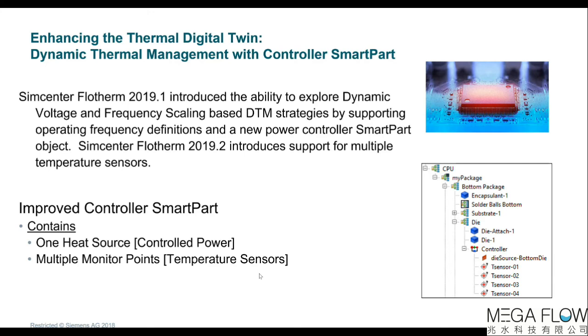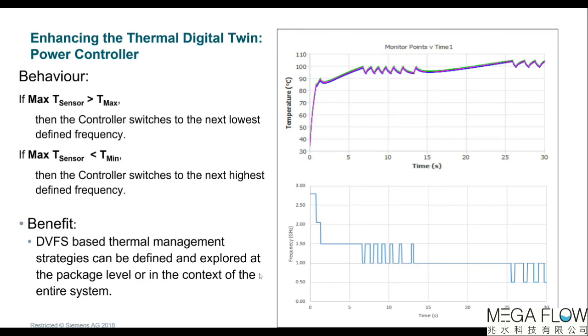Now in this release, you can still control a single heat source, but you can have multiple monitor points which serve as temperature sensors for this smart part. The behavior is very similar to the original smart part. The subtle difference is that all the temperatures from the defined monitor points are used, and a maximum value is used to decide when Flotherm should change frequencies.